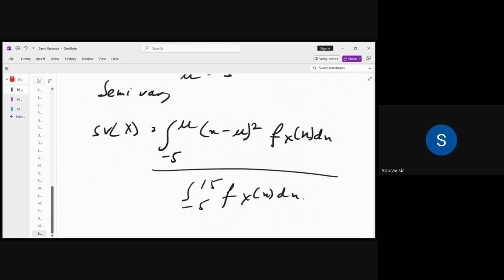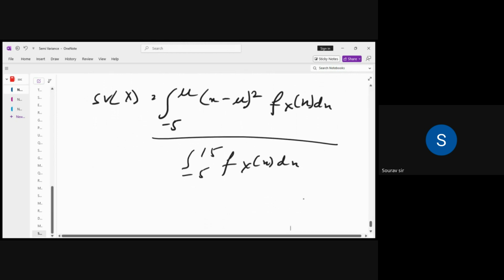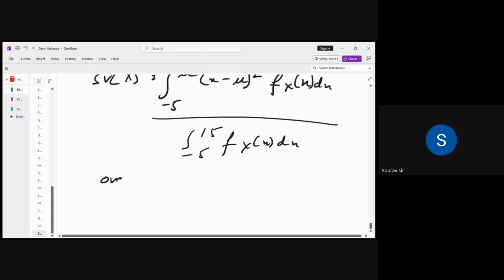So if we integrate, it will be over values below the mean, that is mu being 5. You will calculate, you will get this answer.